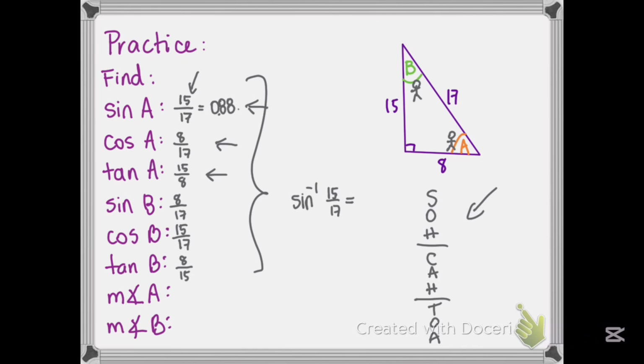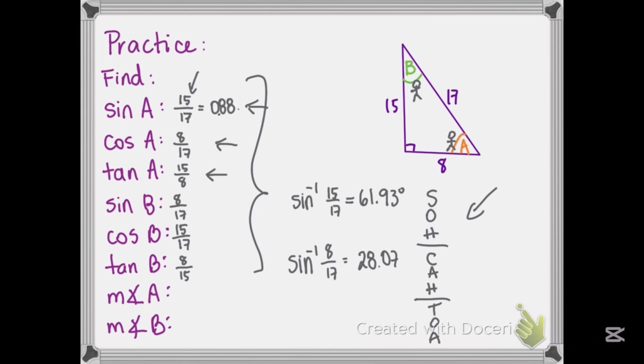That's going to be 61.93 degrees. And then for B, I'm going to also use sine, but in this case, the sine of B is 8 over 17. And the answer of that is 28.07.